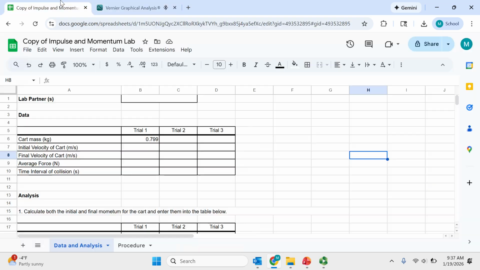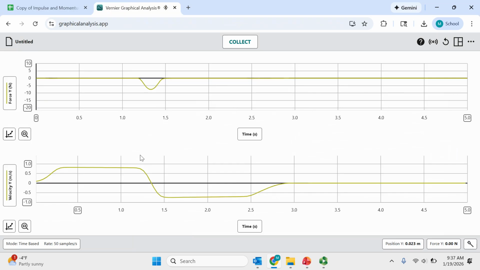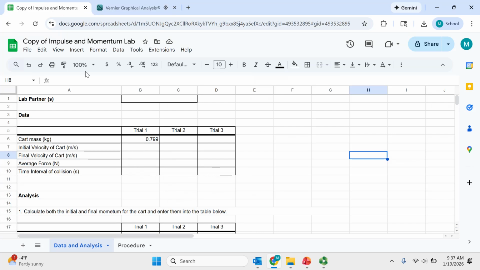So the next things I need to find are my initial and final velocities. So what is the velocity of the cart just before the collision starts and just after the collision ends? If we look on my force graph, I'd be looking for the time where it says 0 just before it starts. And it looks like right here. And so I'm going to record 0.792 as my initial velocity.